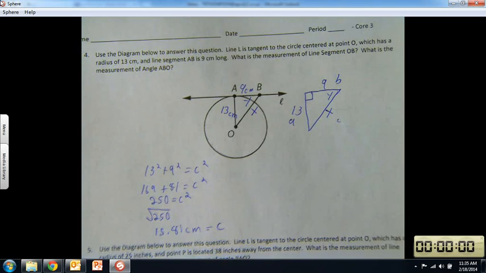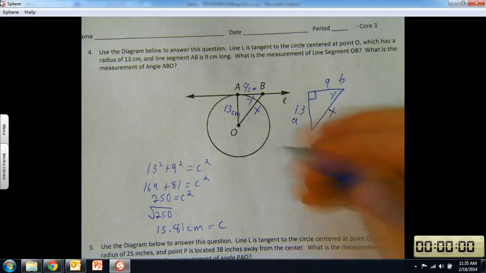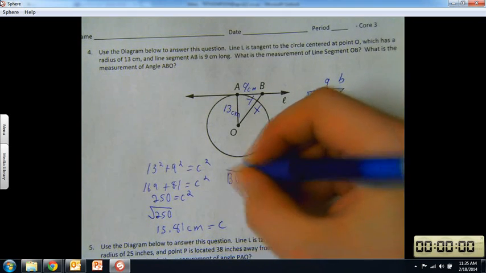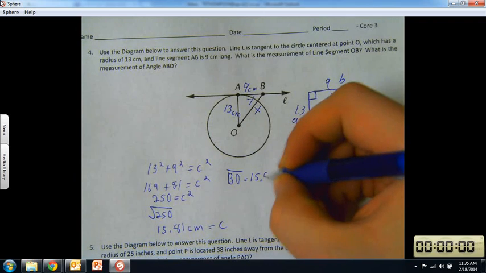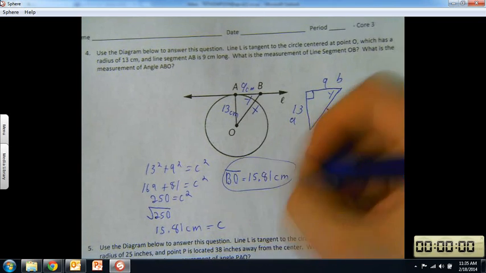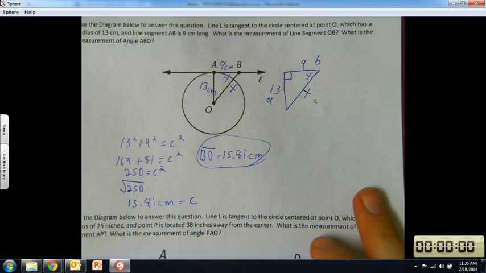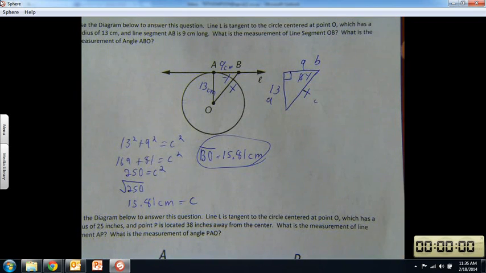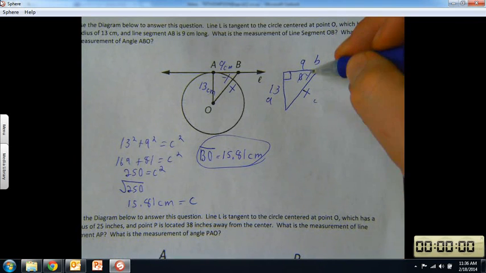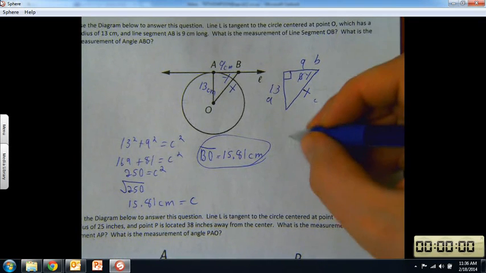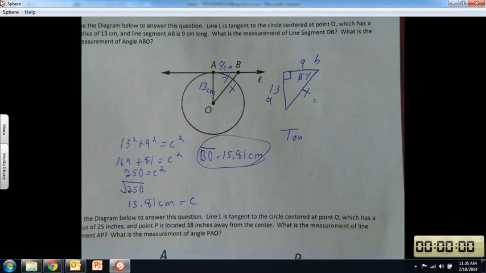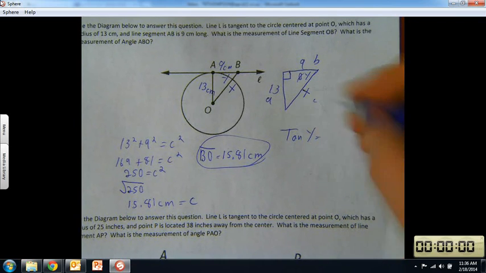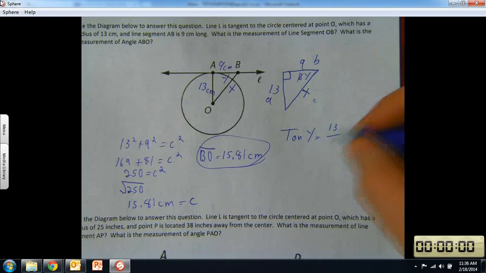So line segment BO, 15.81 centimeters. Now, SOHCAHTOA to find the angle. This will be our theta, and since we have all 3 sides, we can use sine, cosine, or tangent. Once again, I'm going to use the tangent. So tangent of y equals opposite, which is 13, over adjacent, which is 9.